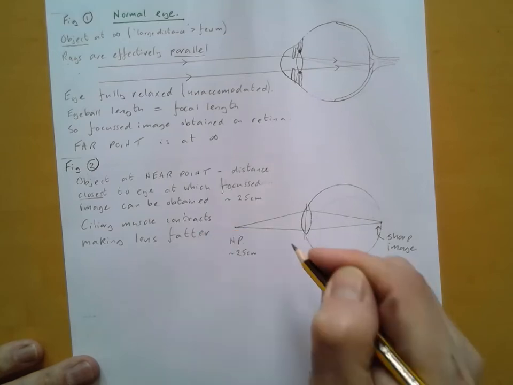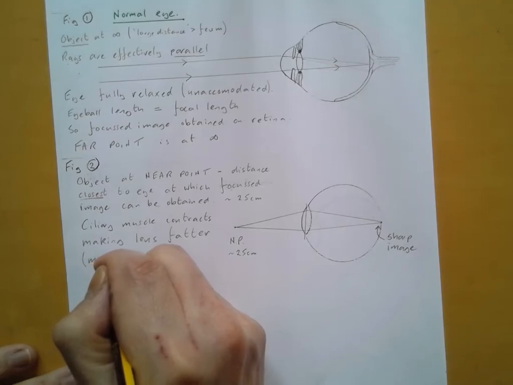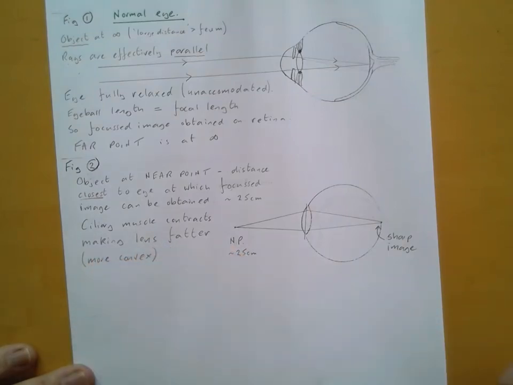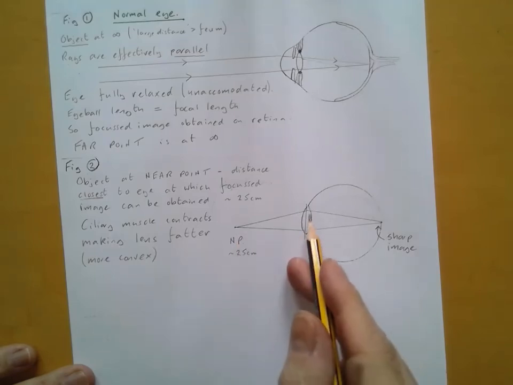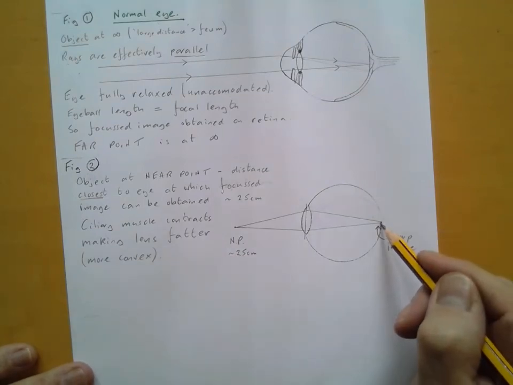That may be politically incorrect as well, but what we mean is more convex. And therefore stronger, so that it's able to focus these rays on the retina at the back.